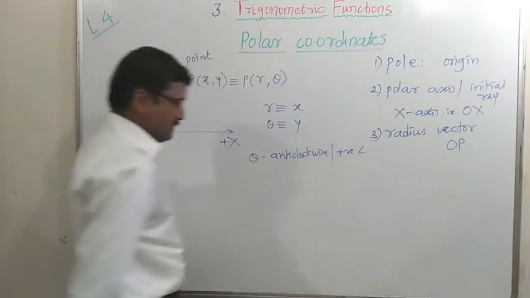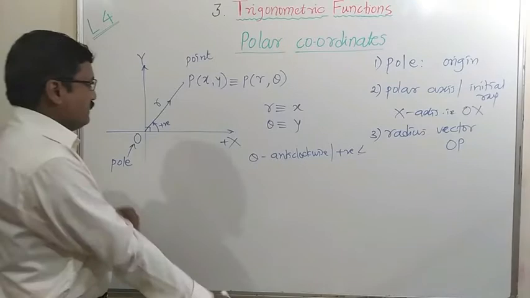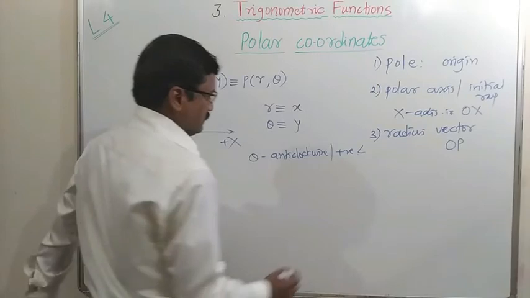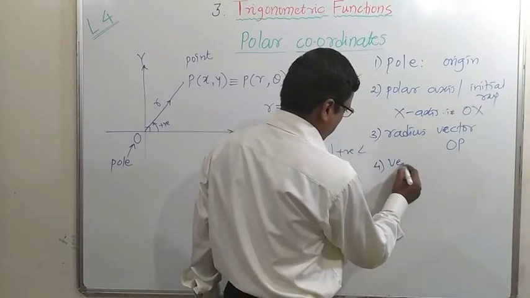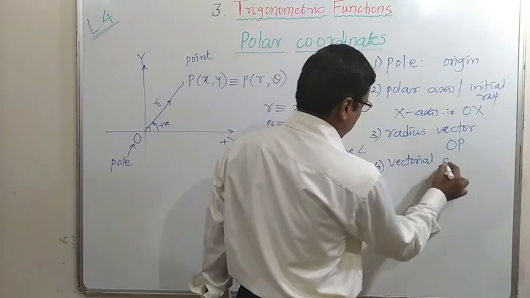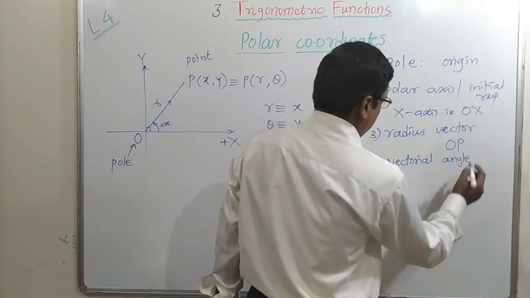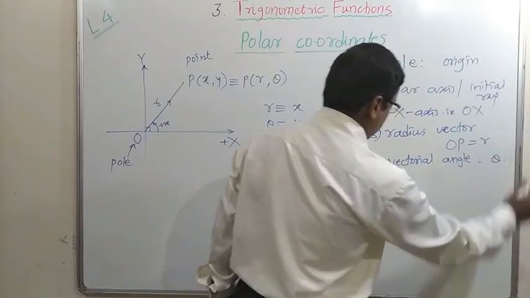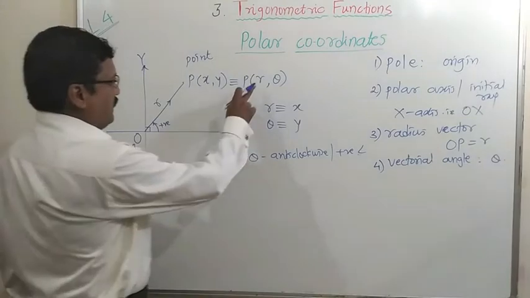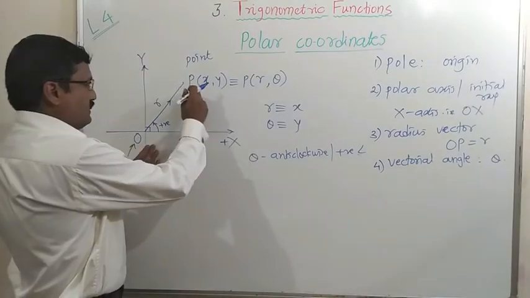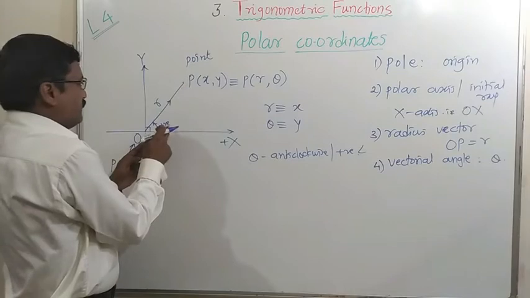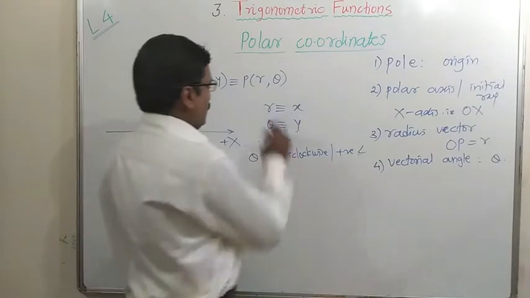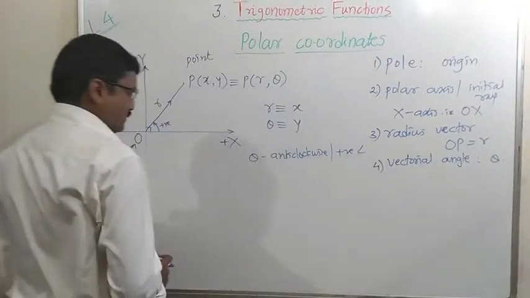This is called the vectorial angle, and this vectorial angle is nothing but this theta. So this r is the magnitude of this vector and theta gives the inclination of that vector with respect to the positive x-axis. So these are the two numbers r and theta.